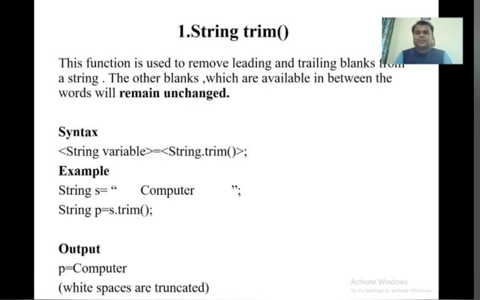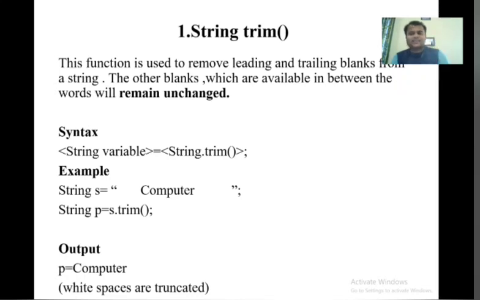Next, we start with the functions. The first function is trim. In general, what is the meaning of trim? Trim is nothing but we are going to cut, right? Here also in Java, in strings, trim is going to trim the white space.